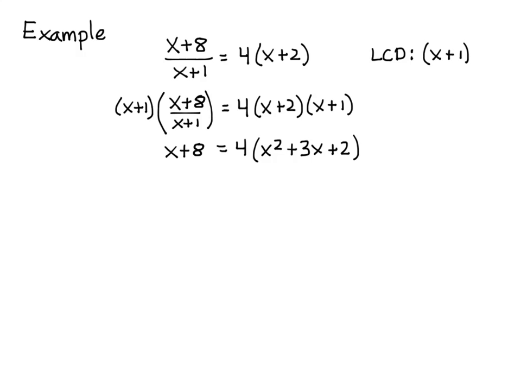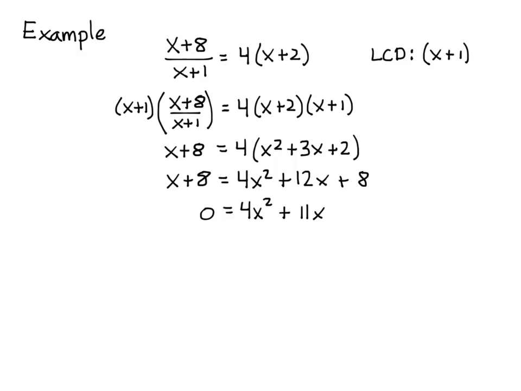On the left-hand side, the x plus 1's cancel, but when I multiply these two, I actually get a quadratic equation here. When I multiply through by the 4, I get this 4x squared plus 12x plus 8. Now I'm going to subtract x and subtract 8 from both sides, and I get 0 equals 11x, and the 8's cancel, right? 8 minus 8 is 0.